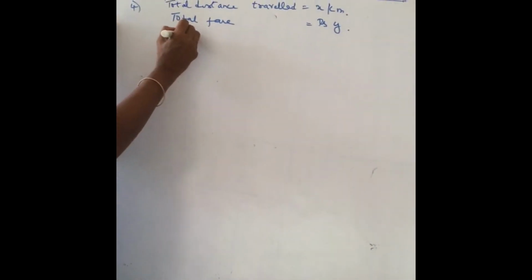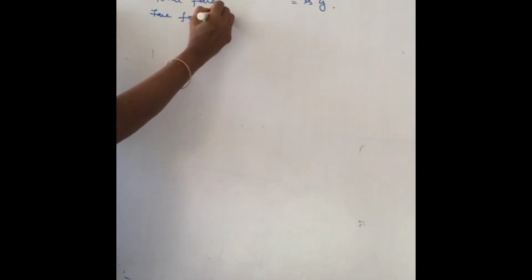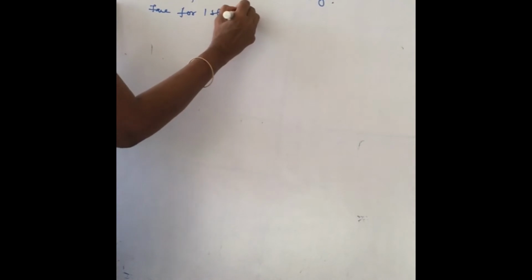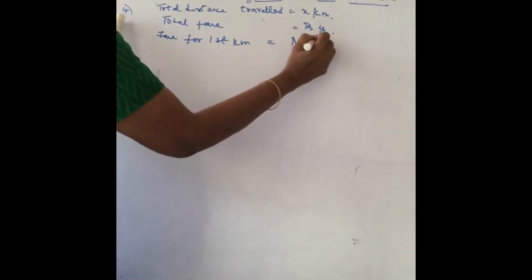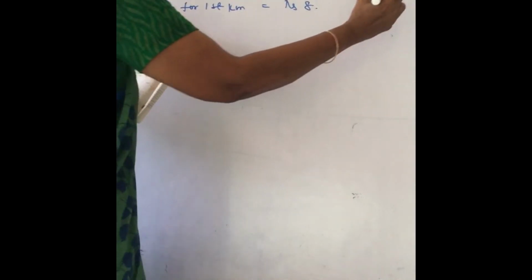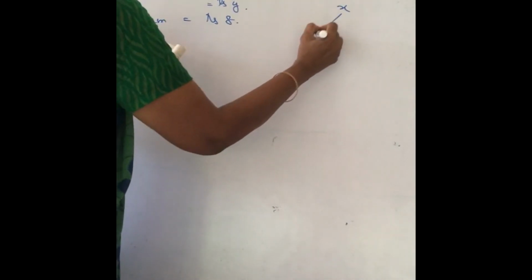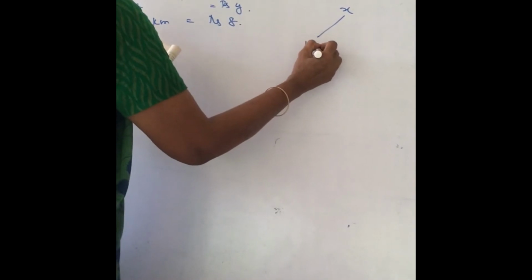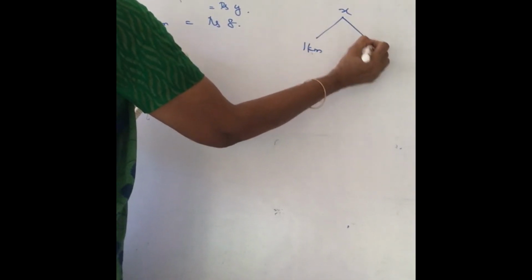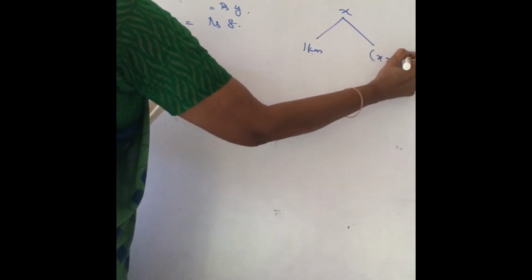What is the fare for the first kilometer, children? Fare for first kilometer is equal to rupees 8. And the subsequent, out of x, if you have first kilometer here, what is the remaining, children? X minus 1.